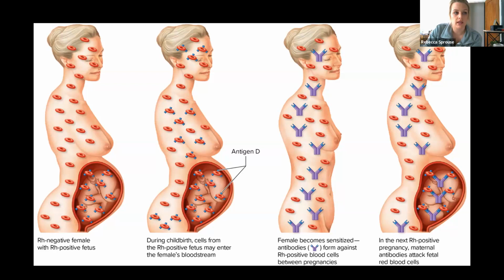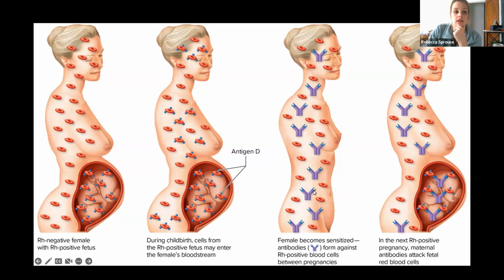So naturally, mom is going to make antibodies, which are these little guys, to those fetal cells and destroy them. That's okay. She doesn't need them anymore, right? Her baby's born. Okay. But those antibodies stick around for a long time. So now mom has these antibodies that, if those fetal cells were to enter her circulation again, we would have problems, right? Her antibodies would attack that.